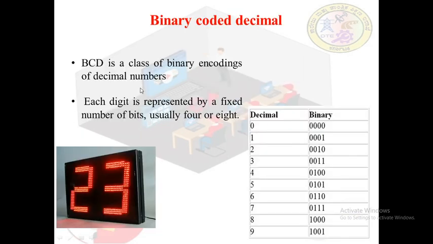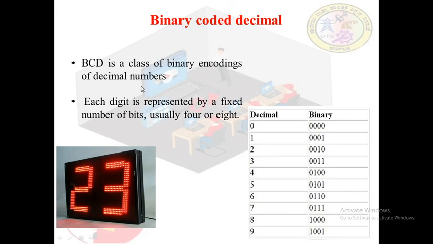Next we have the binary coded decimal. Binary coded decimal is a class of binary coding of decimal numbers. We have seen the conversion of a decimal number into its binary form, which is a time consuming task.